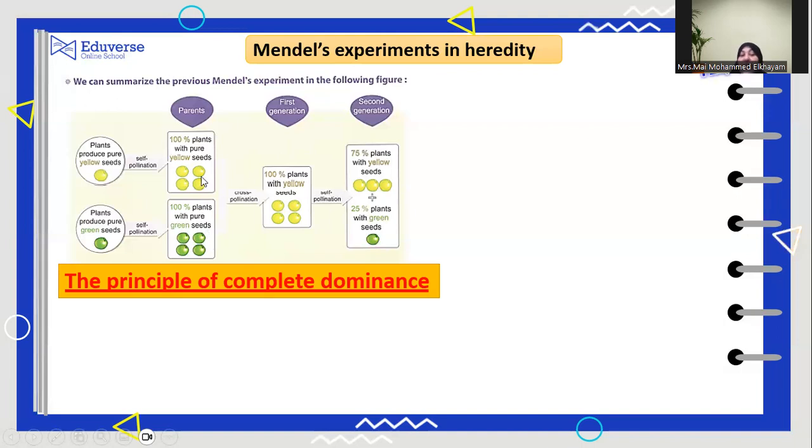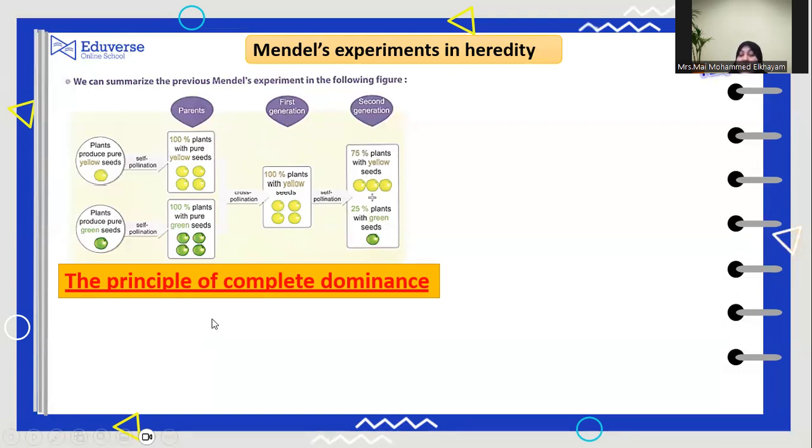That's why when they are crossed with each other, the yellow seeds are the strong, dominant ones that will mask the presence of the green seeds. That's why in the first generation, all of them were 100% yellow. But here, they are not pure anymore. Now, in the second generation, they will make 75% yellow and 25% green.